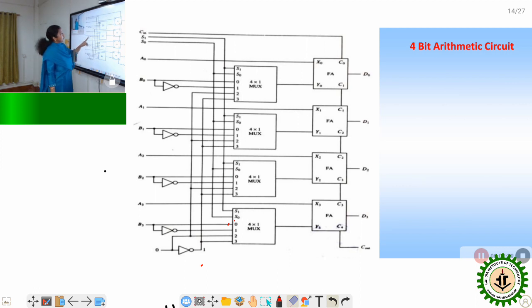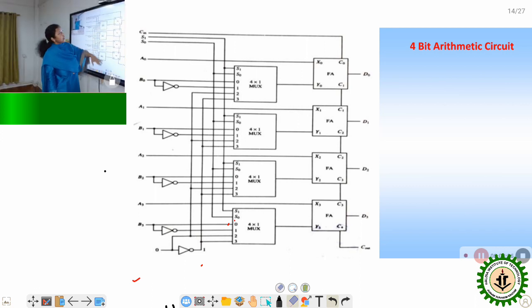Similarly, from the second multiplexer the B1 input is selected and directed to the output. When S1 S0 is 0, 0, the B2 input is directed to the output of its multiplexer, and the B3 input is directed to the output of its multiplexer.